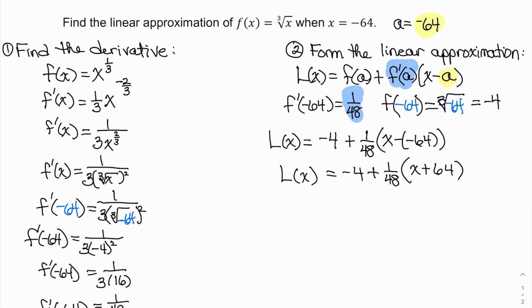And so I want to make sure I only use this one for x values that are close to negative 64. And by leaving these parentheses and not actually distributing the 1 over 48 and collecting like terms, we are giving a visual reminder to only use this linearization to approximate the cubed root for values that are close to negative 64.